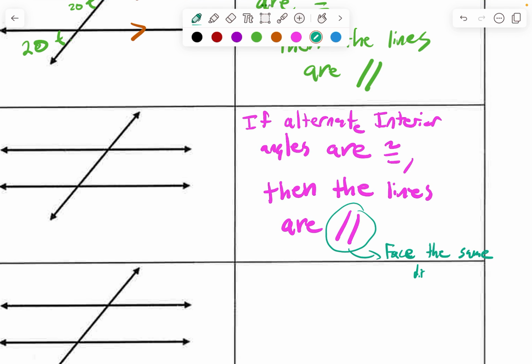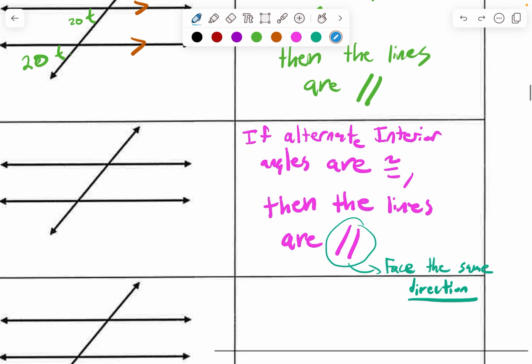This is a very important distinction because you'll say the same and you'll be wrong. These lines are not the same. They're facing the same direction. That's what parallel lines are about, direction. If they're the same line, then you just have two lines on top of each other. That's not it. But you could say that angles are congruent.